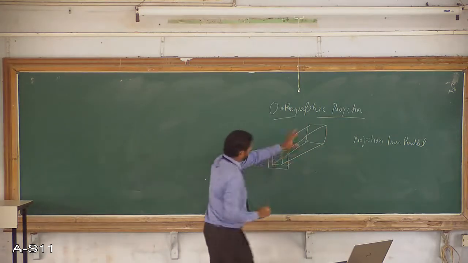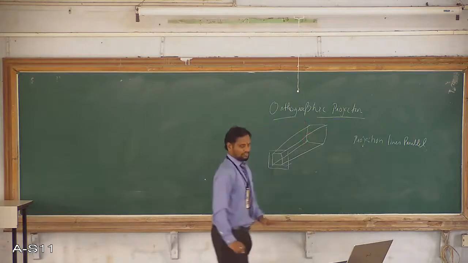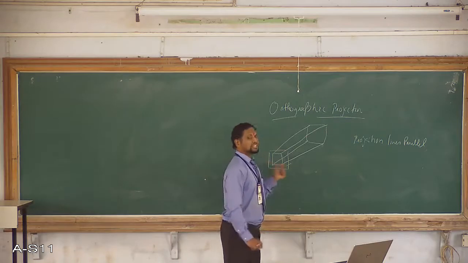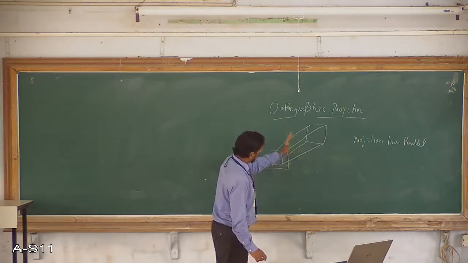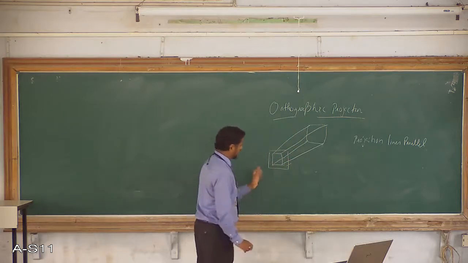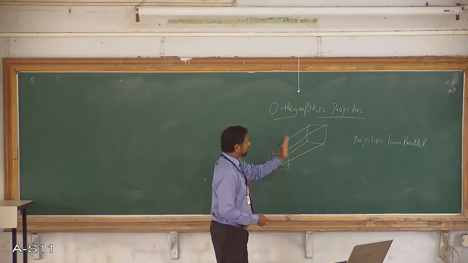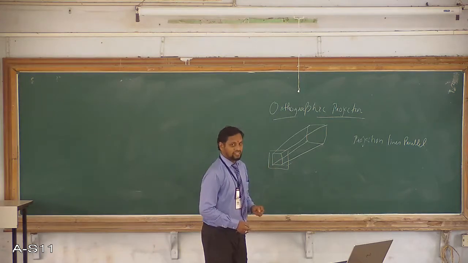See here, all projection lines are parallel to each other, so they are orthogonal to the projection plane. The projection lines that come out of this object, because of light, are orthogonal to your projection plane. That's why this is called orthographic projection.